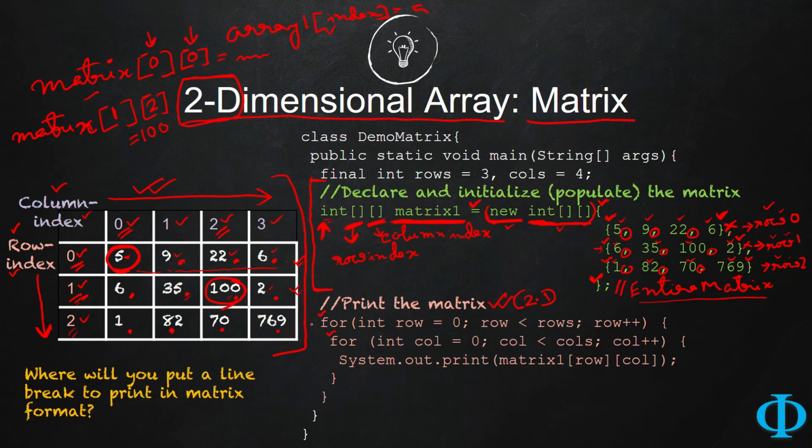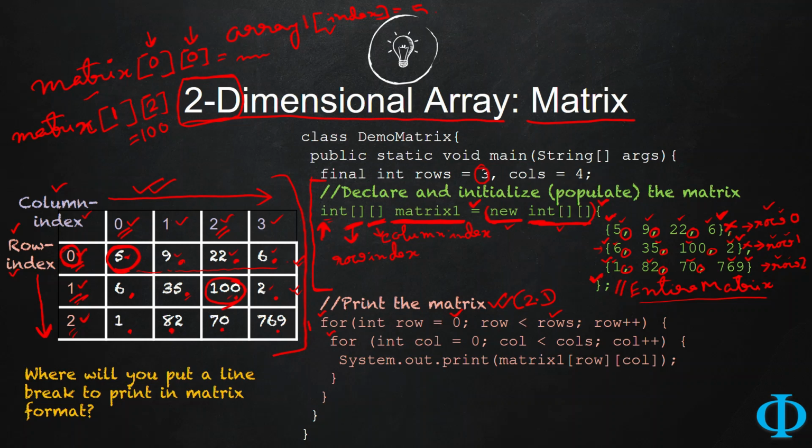The first for loop, which is the outer for loop, basically stands for iterating over the row indexes. So it starts from row 0, because as you can see, row actually started from 0 over here, and then it goes until it is less than the total number of rows, which is 3 over here, because there are basically 3 different rows, starting from 0, 1 and 2.